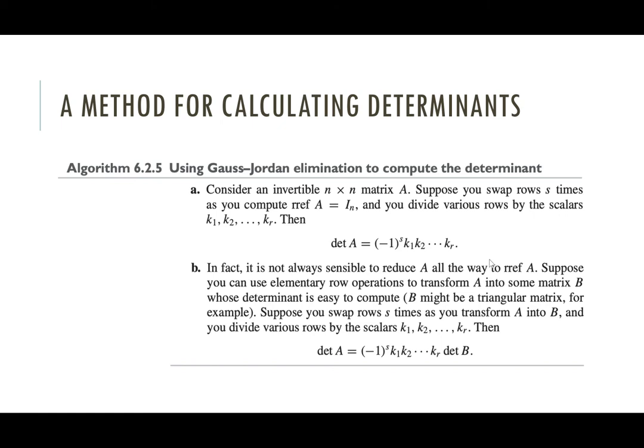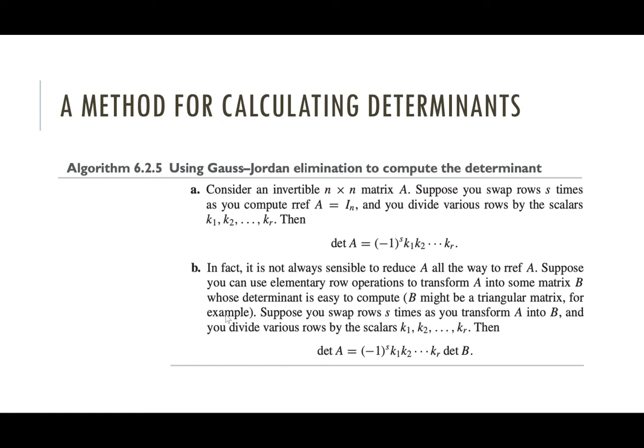But notice, you don't actually have to reduce all the way to the reduced row echelon form. You can use elementary row operations to transform A into some matrix B where the determinant is easy to compute, like a triangular matrix, for example. I actually think this is what computers do sometimes. Computers certainly don't do what we suggested in the first slides, finding the inverse of a general matrix and getting the formula that way.